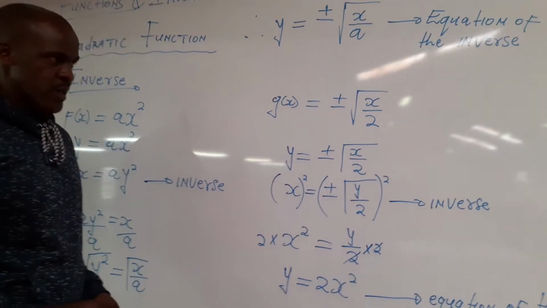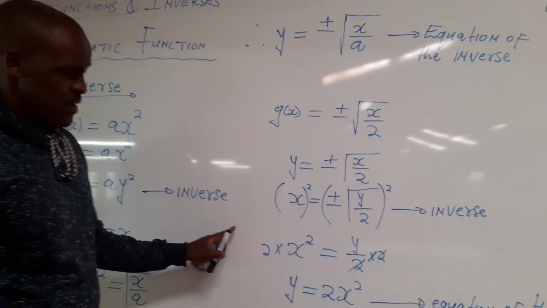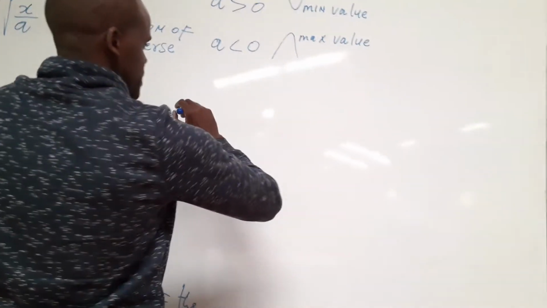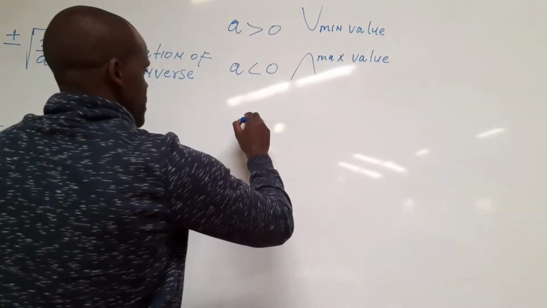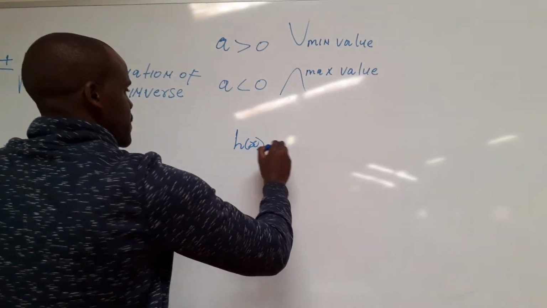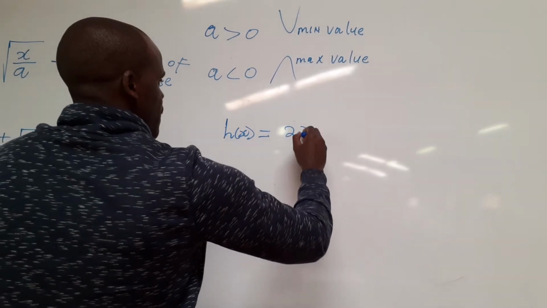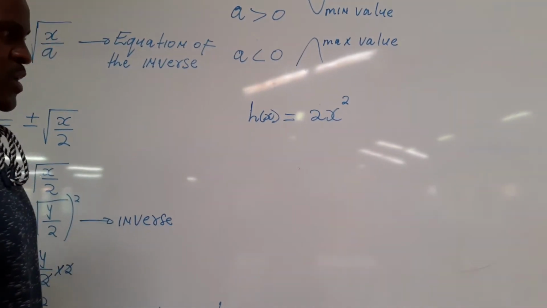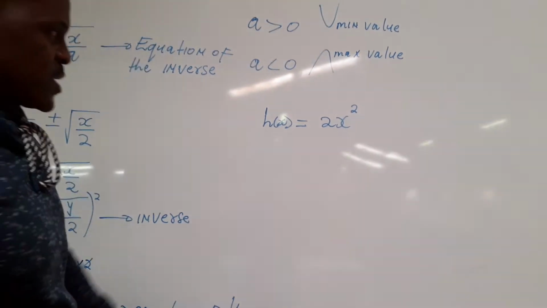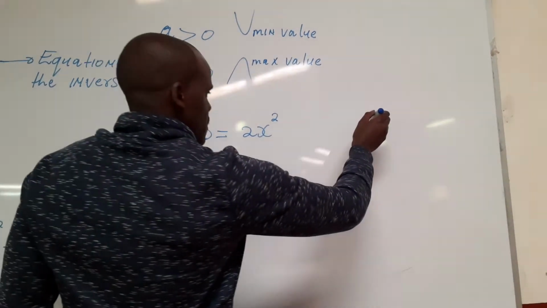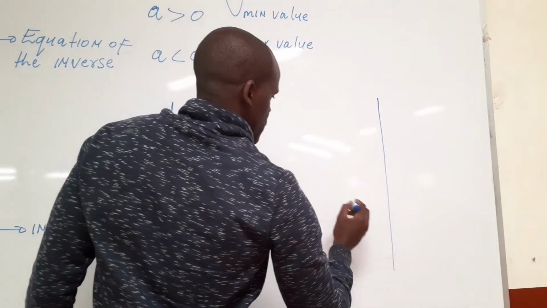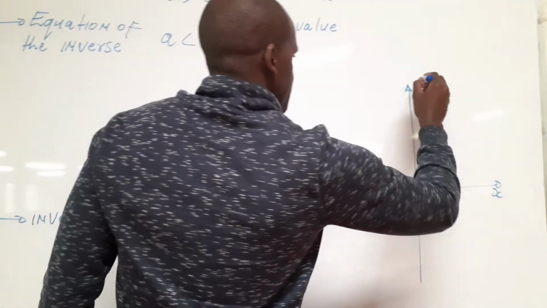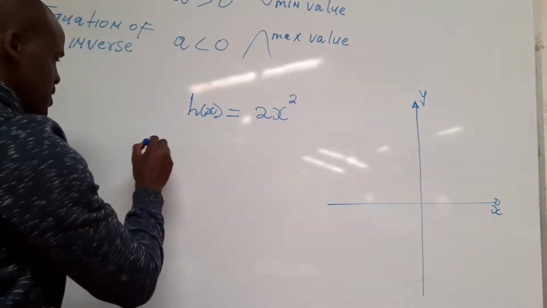Now let's look. We've got this shape. When we talk of a quadratic function, you have h at x is equal to 2x squared. If you are to sketch this graph, let's use the table.